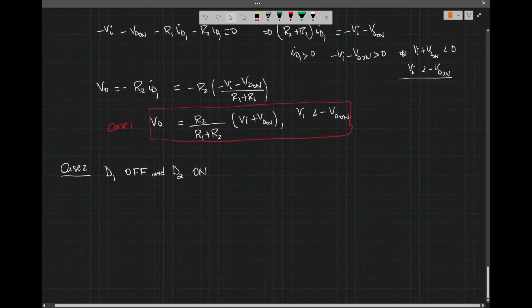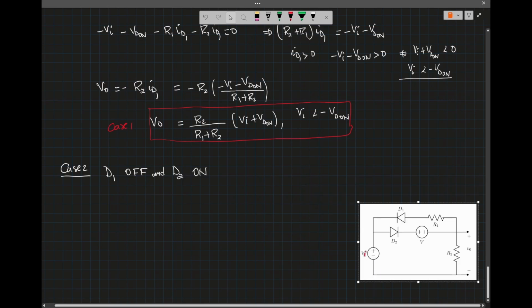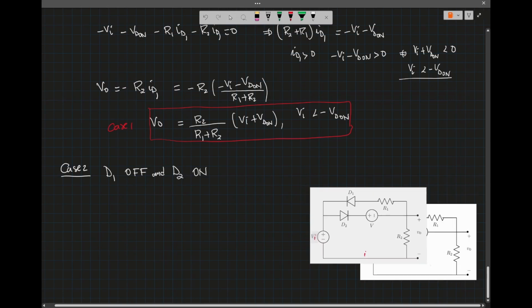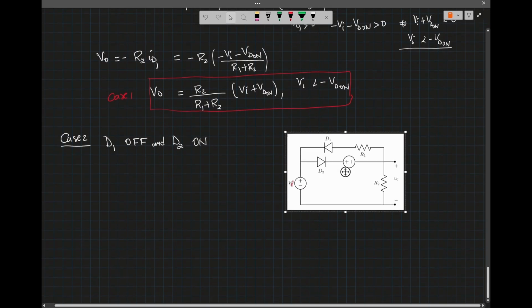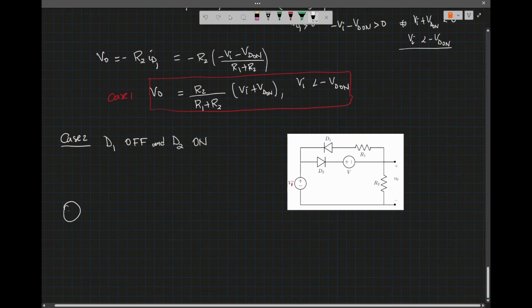In this case, we can draw the input voltage there, D2 on, so we have VD on and the current ID2.